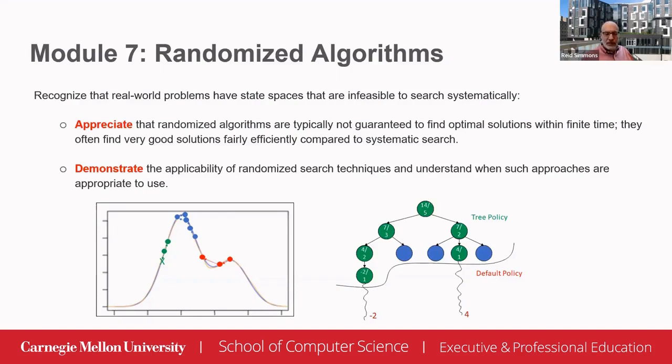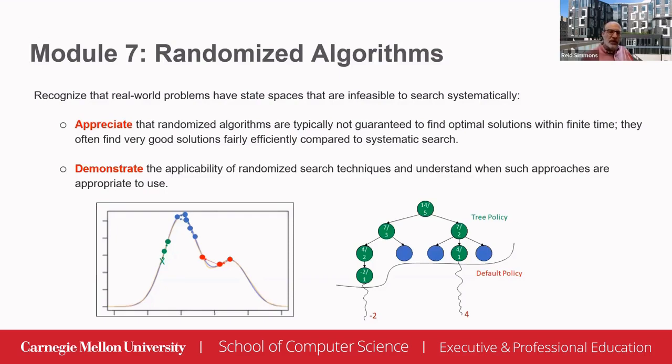We'll look at different randomized algorithms, such as sampling algorithms, such as Metropolis Hastings and Gibbs sampling, that allow you through randomized search to generate a probability distribution where you don't actually have the underlying distribution, that you have to sample and simulate it.